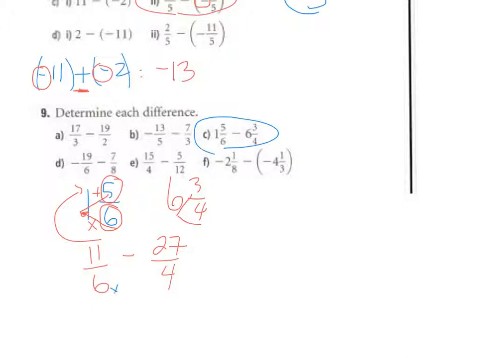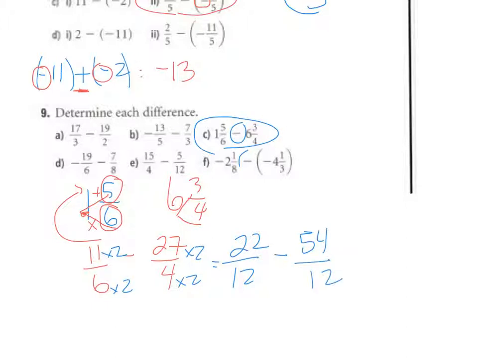The common denominator can be 12, which will give me 22 over 12, minus 54 over 12.